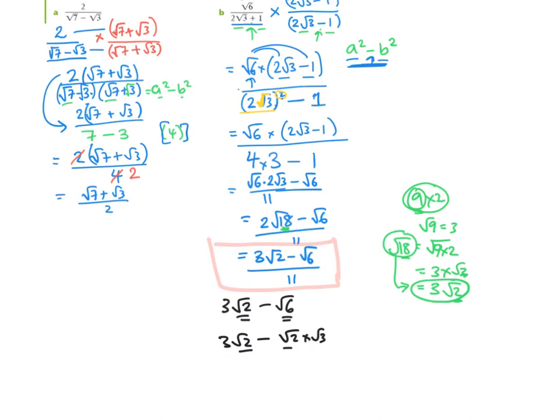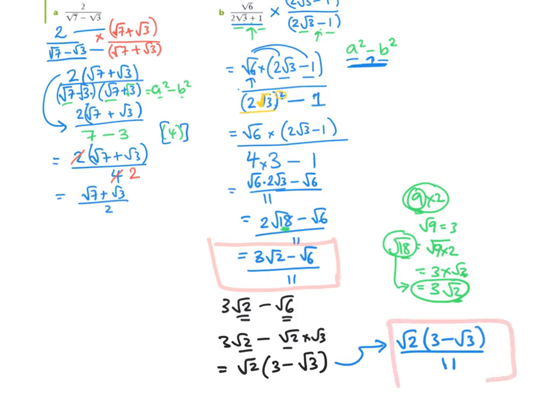So let's factorize that. So that is equal to square root 2 coming out, 3 staying in the bracket, and minus square root 3 in a bracket. And that's okay. So what I could do is put that term there, all over the 11, and so that's an alternative way to present the answer.